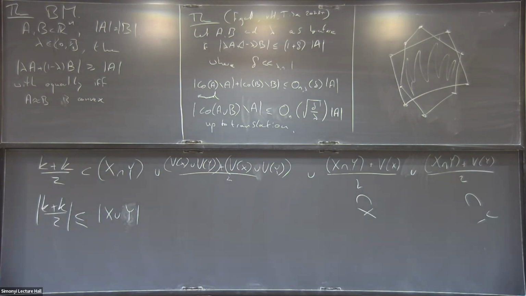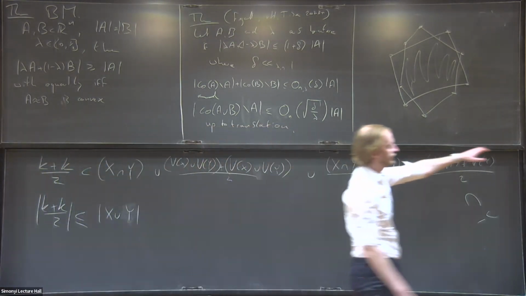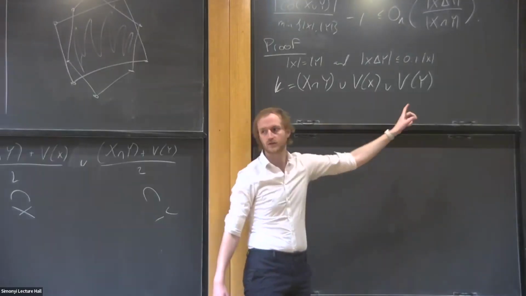Because what is the size of k? The size of k is going to be dominated by this intersection. Of course, these things don't have any volume.